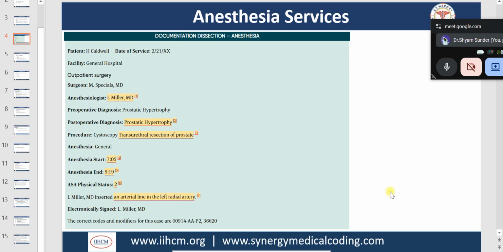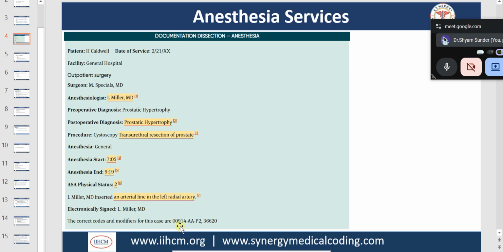Arterial catheterization or cannulation for sampling, monitoring, or transfusion, because usually these catheters in the artery are to administer drugs.